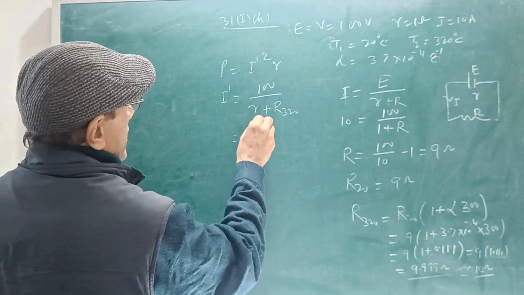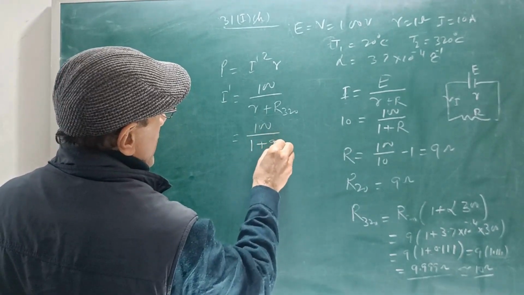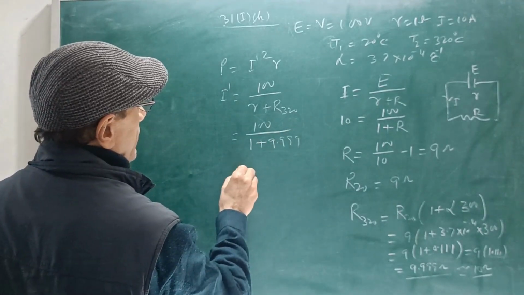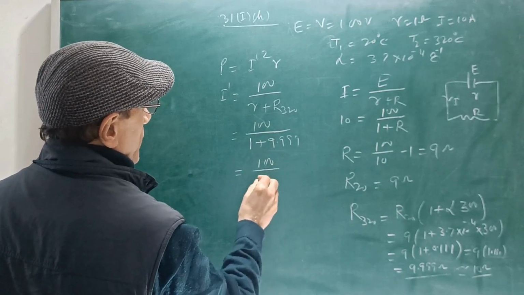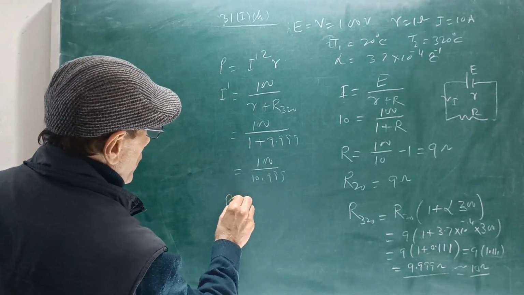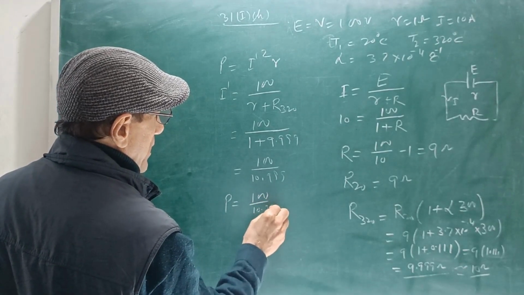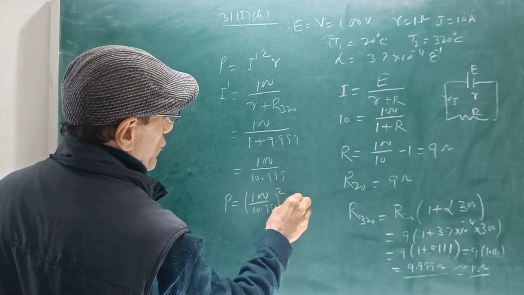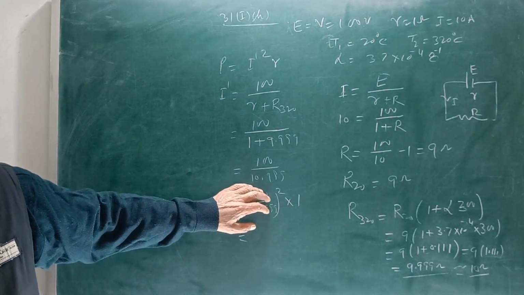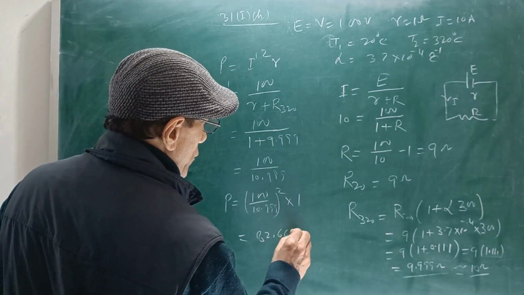So that is 100 upon 1 plus 9.999, or you can take it 10, so that will become 11, but we will do it by 100 upon 10.999. Now this power will be equal to 100 upon 10.999 squared into 1, and after calculation this comes to be 82.66 watt.